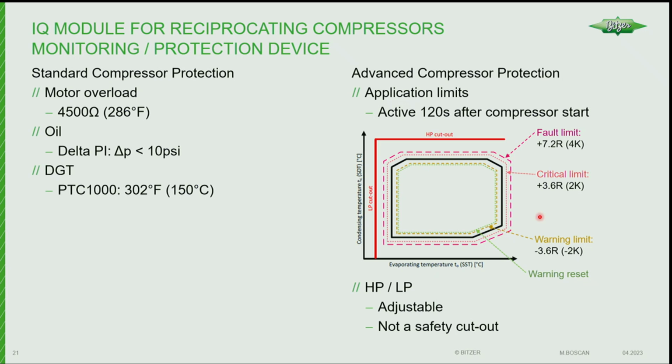Remember though, if you exceed that, it's going to shut down the compressor, even though the compressor still has all the space that it could run safely. So it's kind of like an artificial limit, but if you know your operating point should be down here, and you want to know when you're 2 times the pressure away from where it should be, and you want it to shut down, you can use those limits to do that.